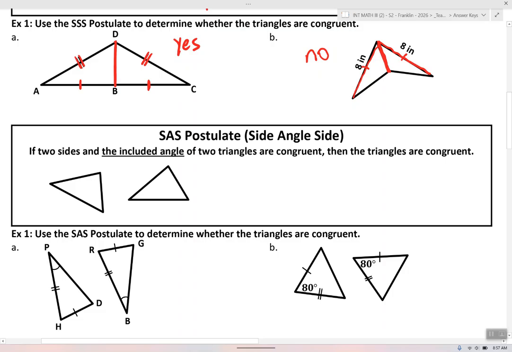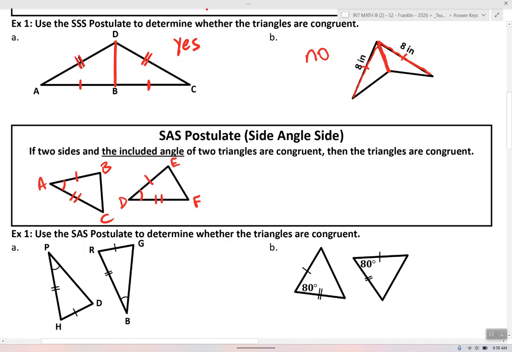So again, if I have my triangles ABC and triangles DEF here, if I know that two sides, so let's say side AB and side DE and side AC and side DF, if I know those two sides are congruent, and I also know that the angle between them is congruent, then that is enough information to make sure that these two triangles are congruent.